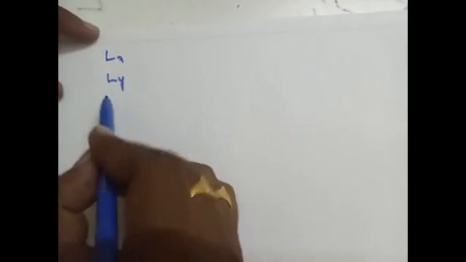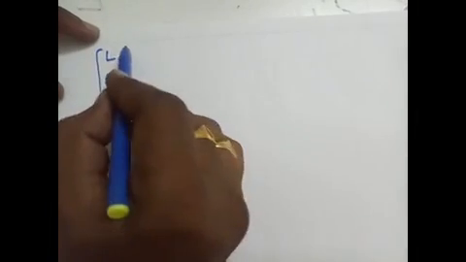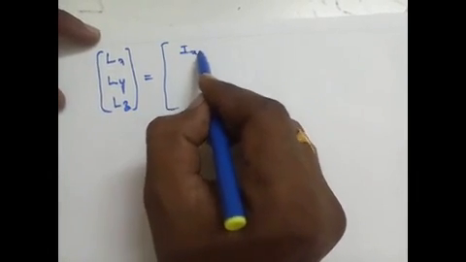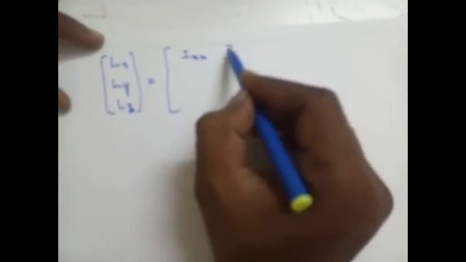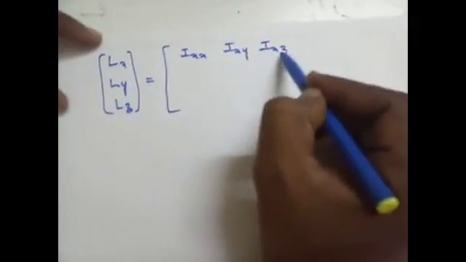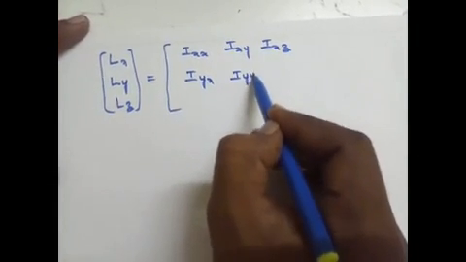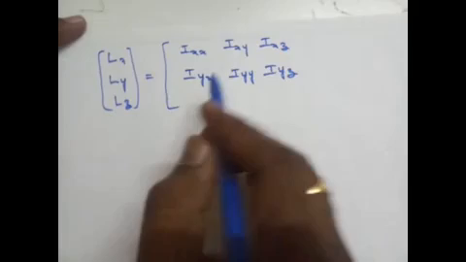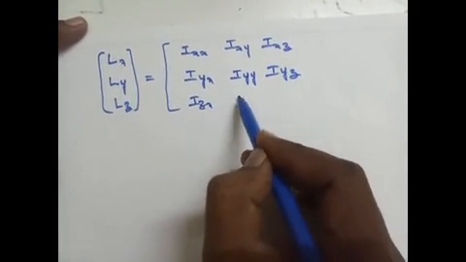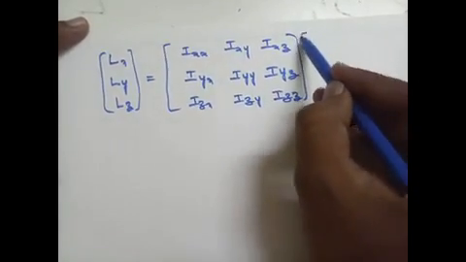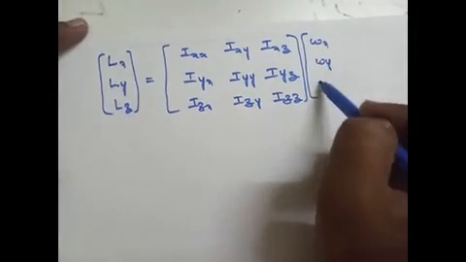On the left side I write Lx, Ly, Lz, equal to the matrix with rows Ixx, Ixy, Ixz; Iyx, Iyy, Iyz; Izx, Izy, Izz, multiplied by the column omega x, omega y, omega z.